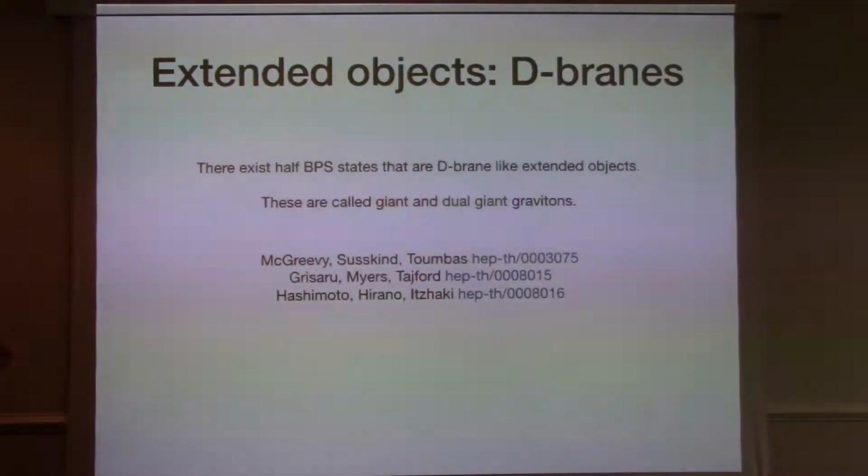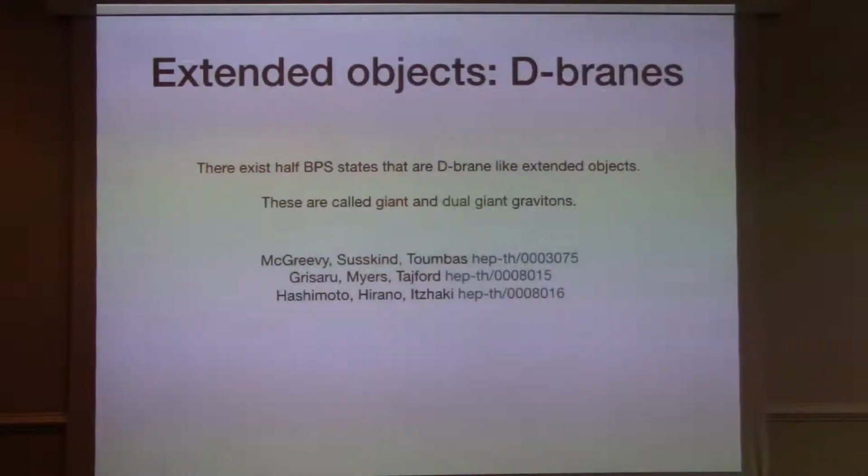They're protected by supersymmetry. But are they gauge theory objects or string theory objects? Well, they're both. As D-branes, they're string theory objects. And they correspond to some single particle state, or sorry, some operator in the dual field theory. And then for a long time, there was a question as to what this was. It was not clear what it was.